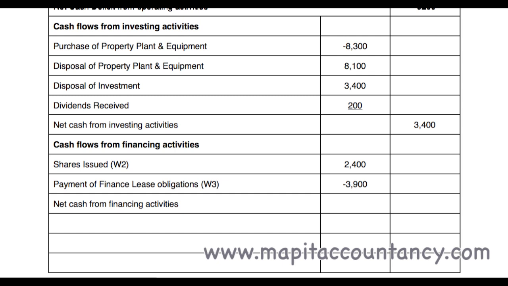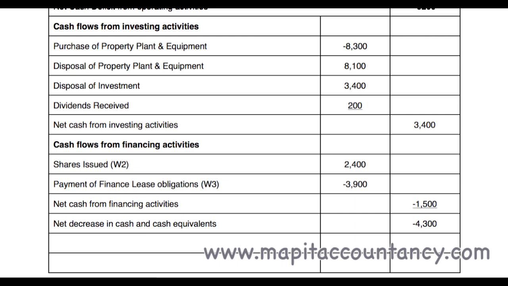Nothing else to go in here, so that gives us our net cash from financing activities. So all of that added up will give us the net decrease in cash and cash equivalents of 4,300. So our total cash, and it's a decrease in this instance, is 4,300.